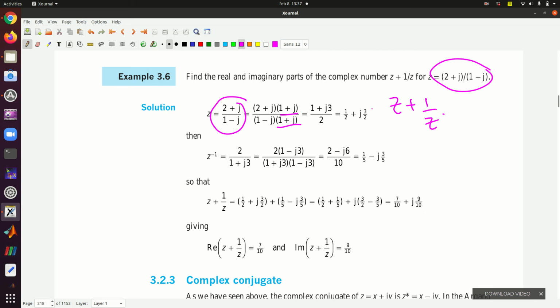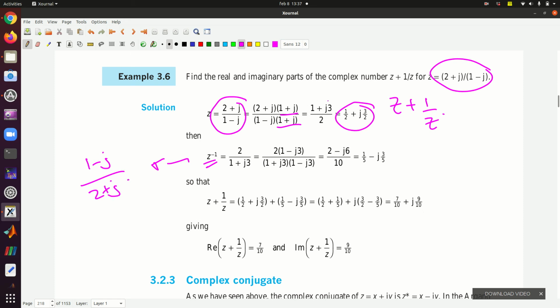And then this is what you get, and 1 over z is the same as z inverse. Someone could have said z inverse is 1 minus j over 2 plus j, then you solve for that.